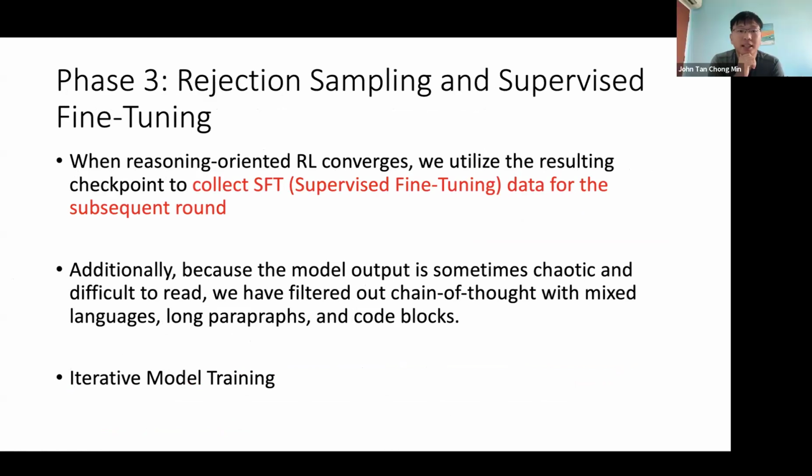Yes. The SFT will be used to train DeepSeek V3 again, but DeepSeek R1 is based on V3 as the base. Oh, I see. So they are using RL not just to train the reasoning model, but also to further improve and bootstrap their base model. Yes. All this SFT data will go to the base model, then they use the updated base model to do another cycle. I see. Okay.